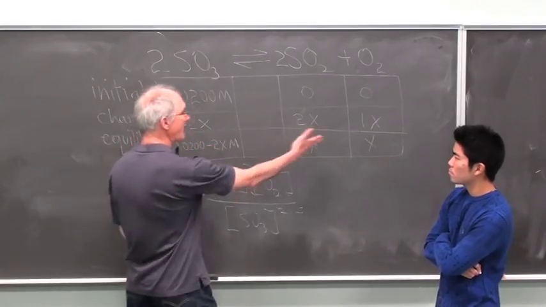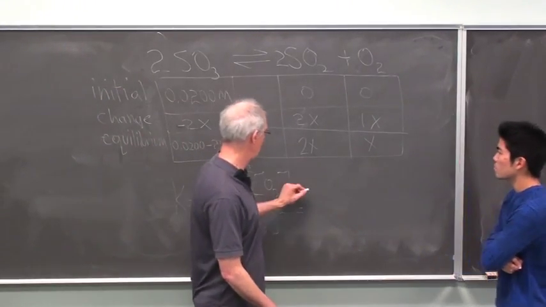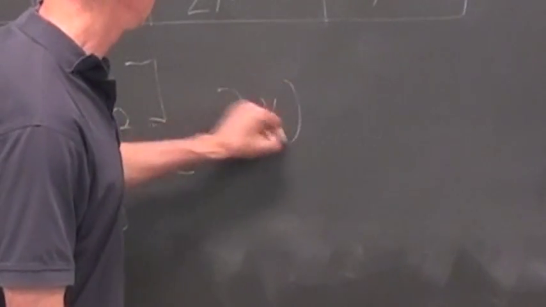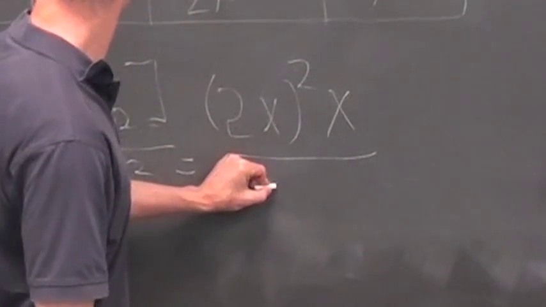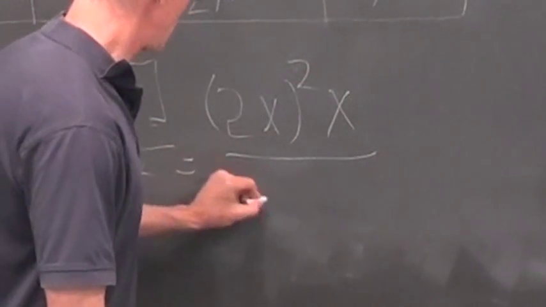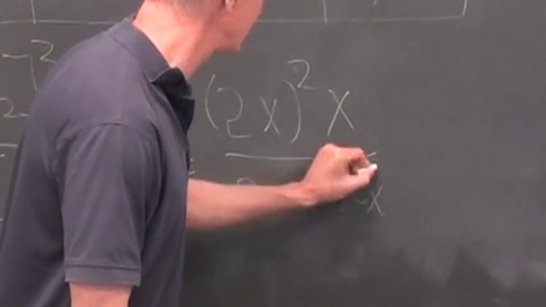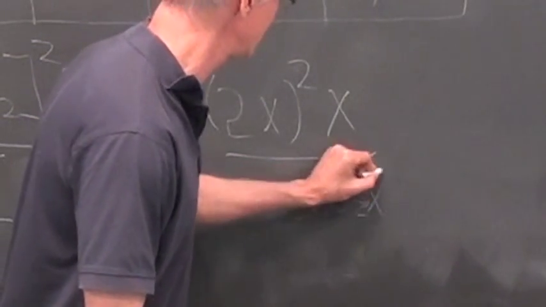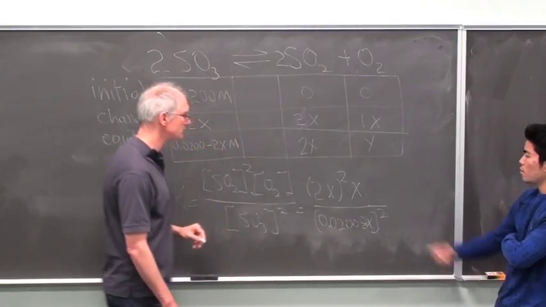Then I could plug in the values for equilibrium, because these are at equilibrium: 2x squared times x over 0.0200 minus 2x, squared. There you go.